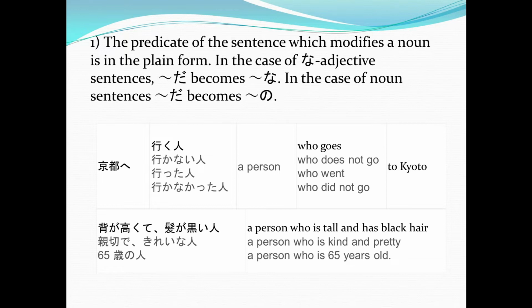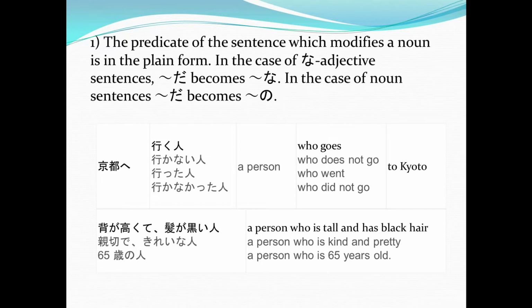Now next, when we want to express the modifier as a person who is kind and pretty, you say shinsetsu de kirei na hito. Again, shinsetsu de kirei na hito. And for a person who is 65 years old as a noun modifier, you say 65歳の人.